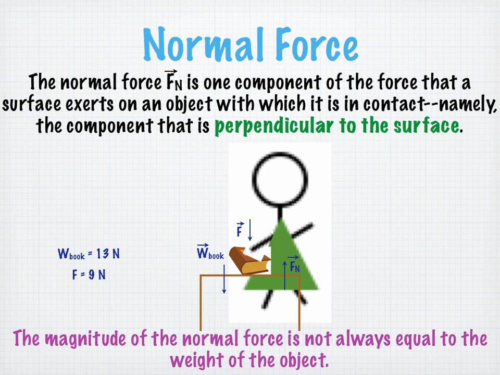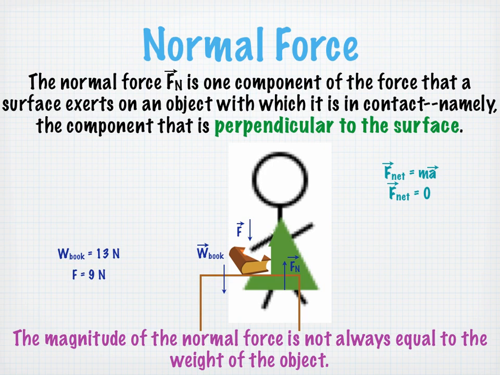That isn't enough force to push the book through the desk, so the book is still sitting stationary on the desk. Since the book is sitting stationary on the desk, it's not accelerating. What does Newton's second law then suggest about the net force on the book? The net force on the book must be zero if the book is not accelerating.